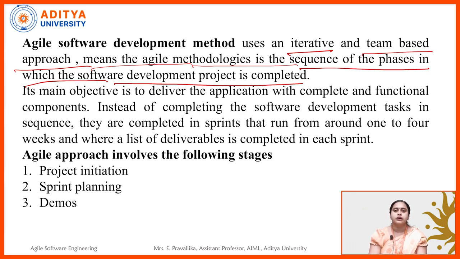Rather than going through a complete phase and getting issues, they choose another alternative way. In that way, they break down the project into smaller modules, work on those smaller modules, make them into a workable form, and deliver that to the customers. Its main objective is to deliver the application with complete and functional components. This is the main objective in this Agile methodology.